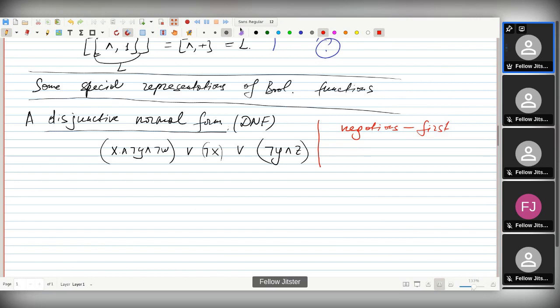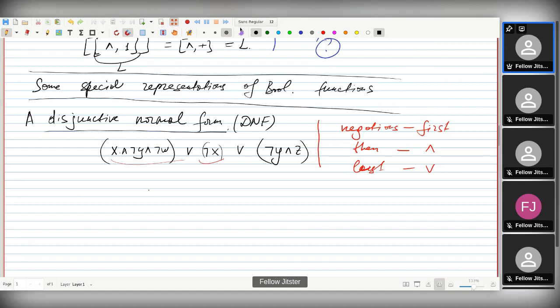Negations are applied first, then conjunctions. Here we have a trivial conjunction of one member. And at last, we apply disjunction. It is also possible to have just one conjunction here. This is an informal description of a disjunctive normal form.